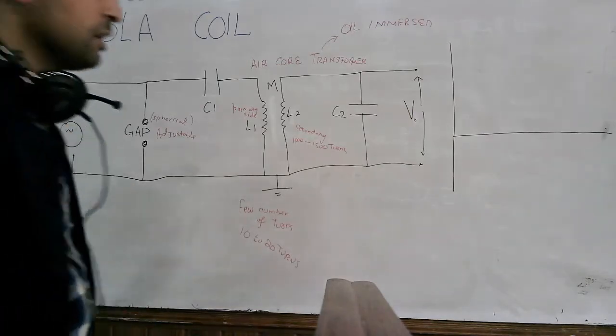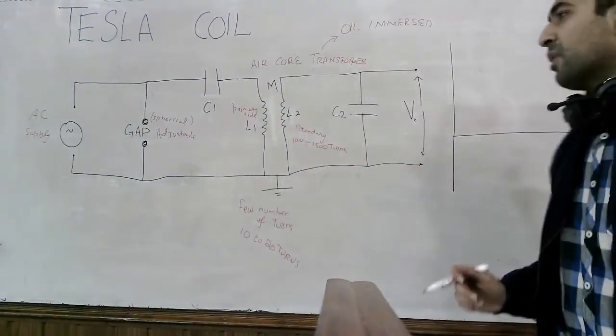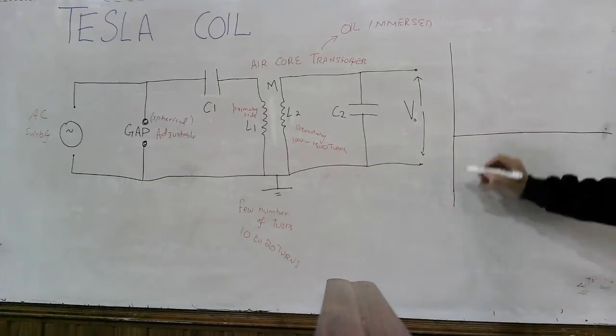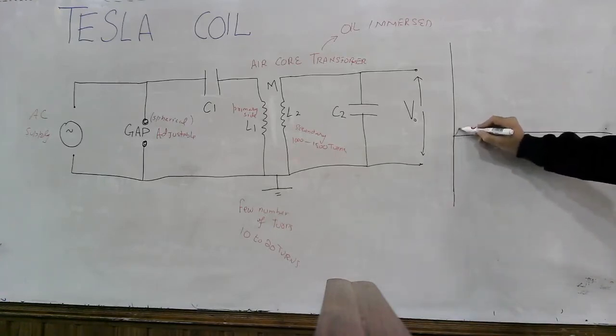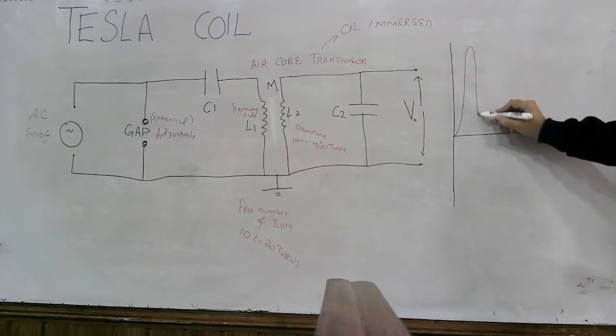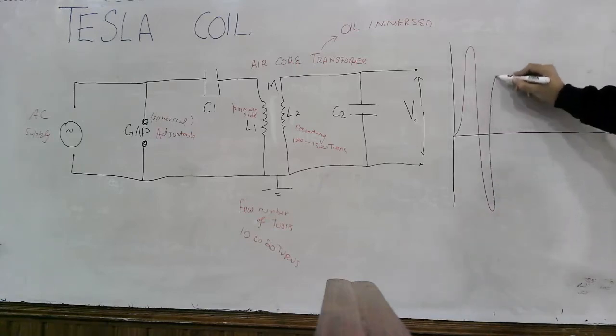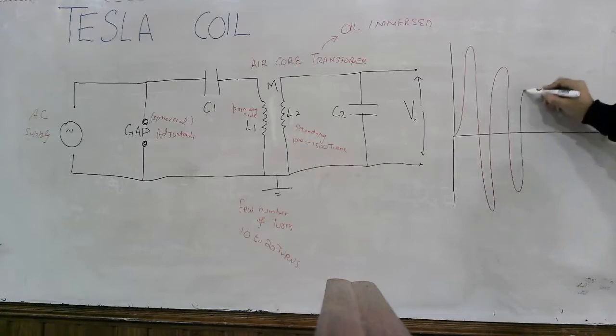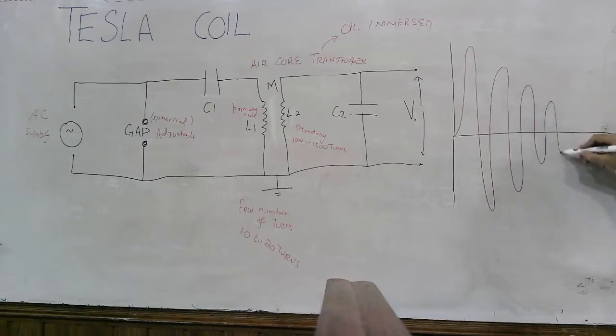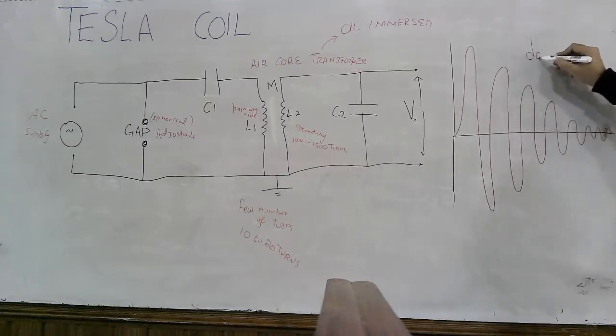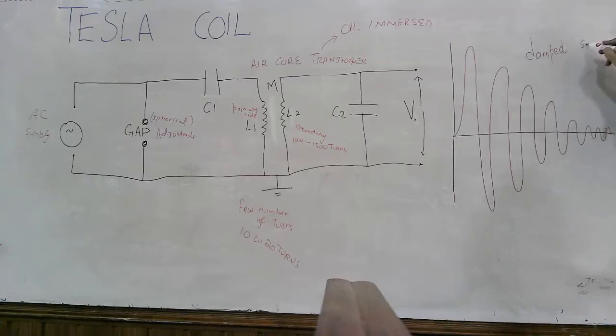Now the output voltage waveform of this circuit is like that. You get a high voltage and high frequency sinusoidal waveform, but that sinusoidal waveform is in the form of damping. This is actually the damped sinusoidal waveform.